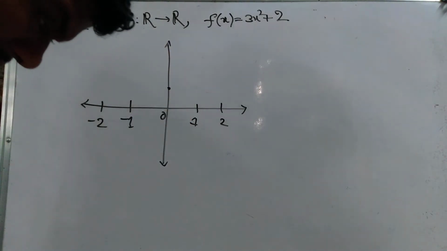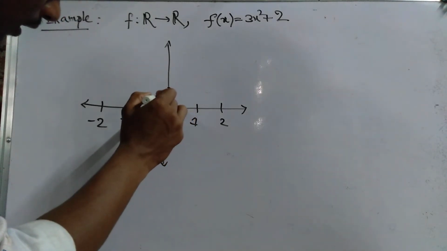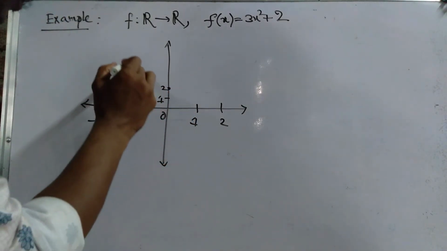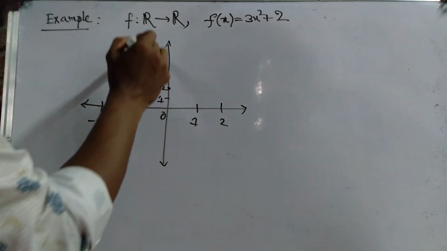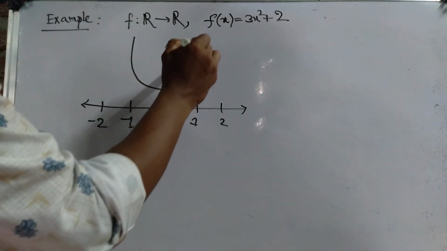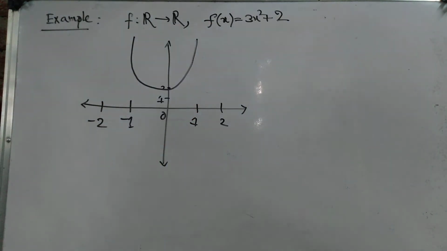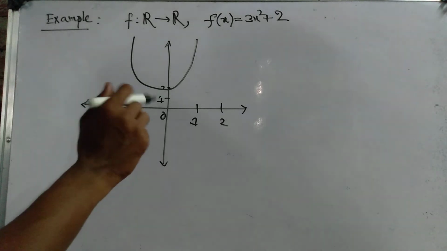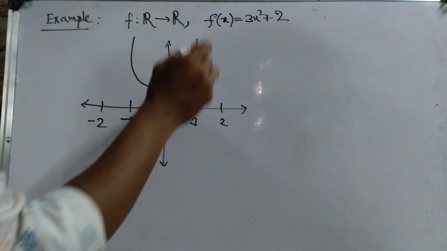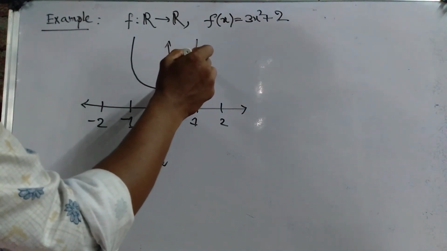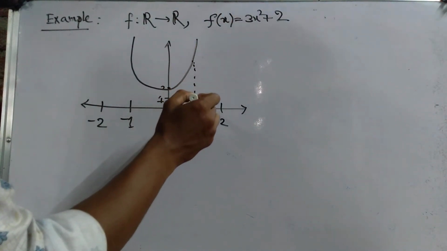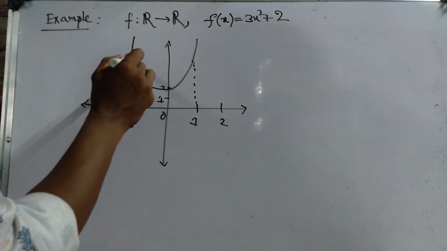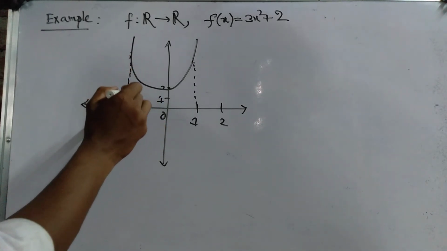Here 1, here 1, here 2. We discuss this figure more logically. At 1 this one is 5, at 0 this one is 2, and at -1 obviously 5.